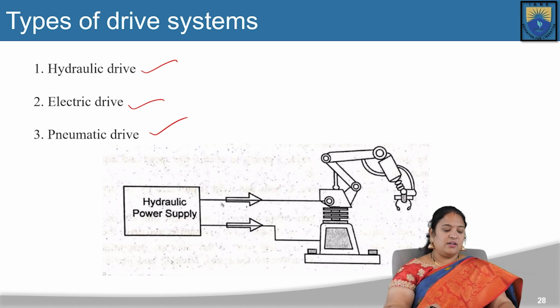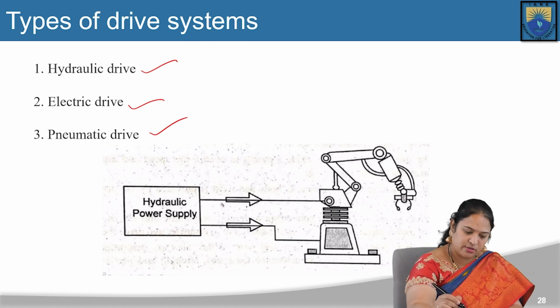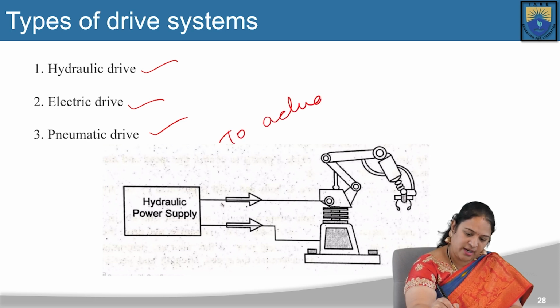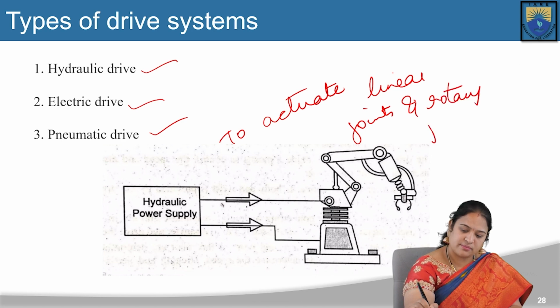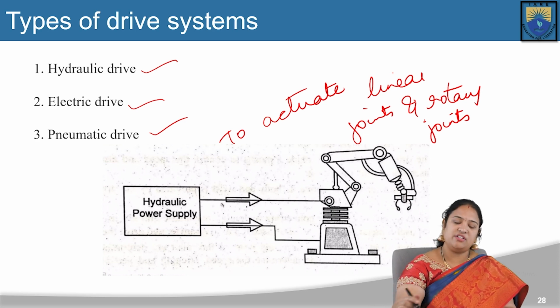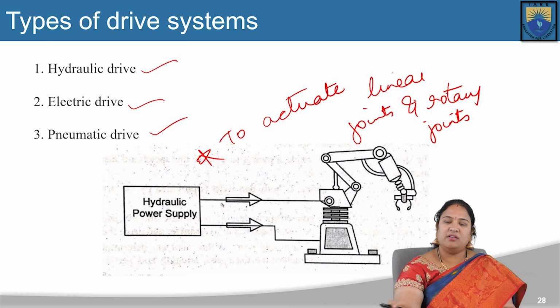These drive systems are generally used to actuate the linear joints and rotary joints, that is, the robot joints.